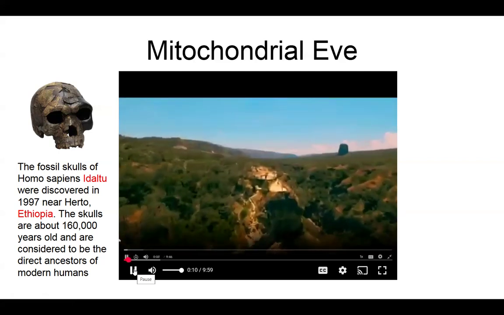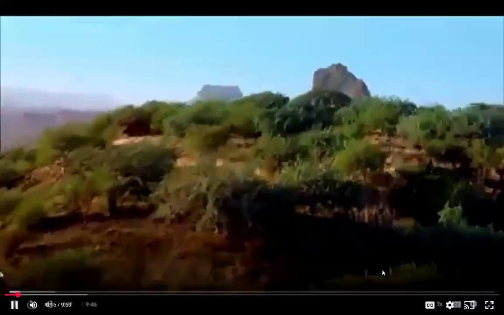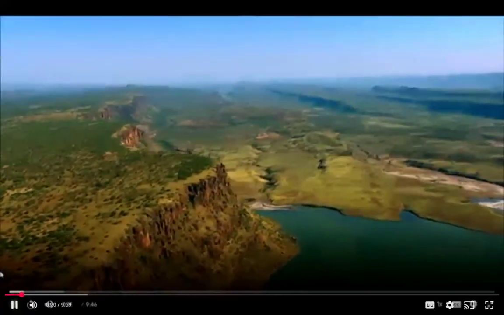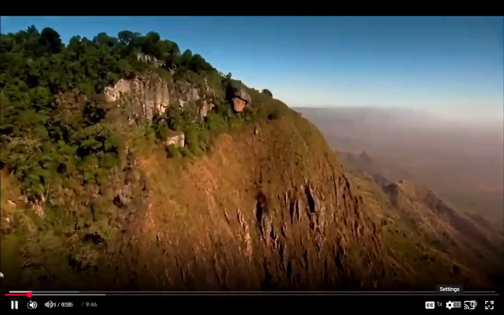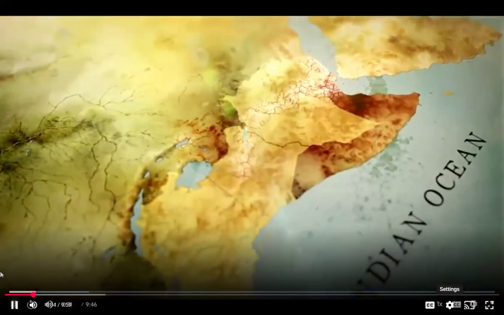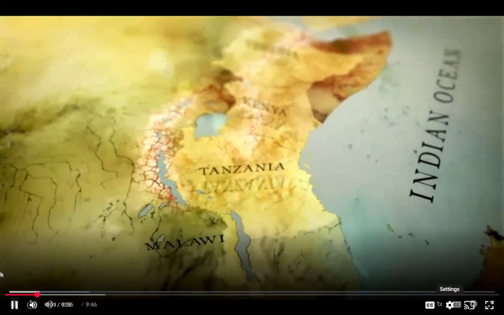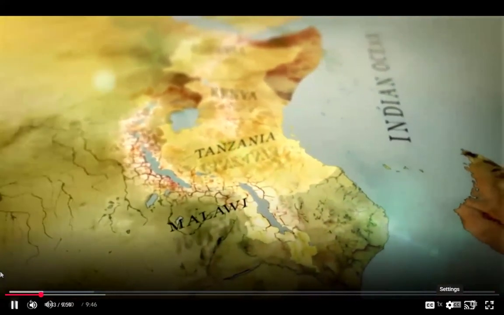This is where humanity's story most likely begins. Homo sapiens, anatomically modern humans, have lived here for about 200,000 years. This great geological fault, stretching 3,000 miles through Africa, from Ethiopia to Malawi, with its Great Lakes and savannas full of animal life, gave our ancestors the perfect environment in which to evolve.